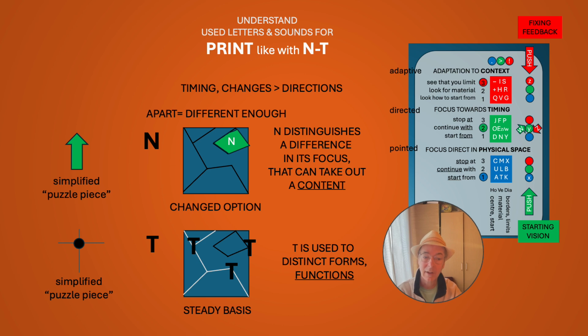The T takes out differences, but more differences of that. We see differences in the form, in the function, sometimes even in the direction of the lines of the forms themselves, but it's always within that steady focus.